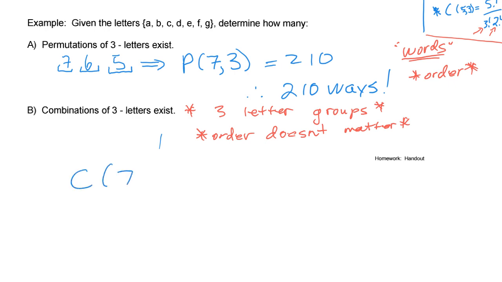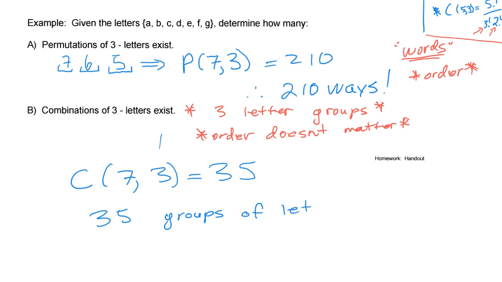There are 7 possibilities, so we're using combinations this time. We're choosing 3 of them, and that's going to be 35. So you would say there are 35 groups of letters, otherwise known as combinations, formed.